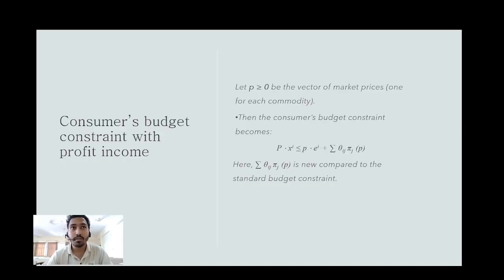Whenever a consumer or an individual has a share in firms, or has the ownership of the firms, they can make another profit or another endowment from the firms. That means the total budget constraint must be P dot ei plus the summation of theta ij pi j p. Here the summation of theta ij pi j p is new compared to the standard budget constraint. Now I am going to talk about the next slide.